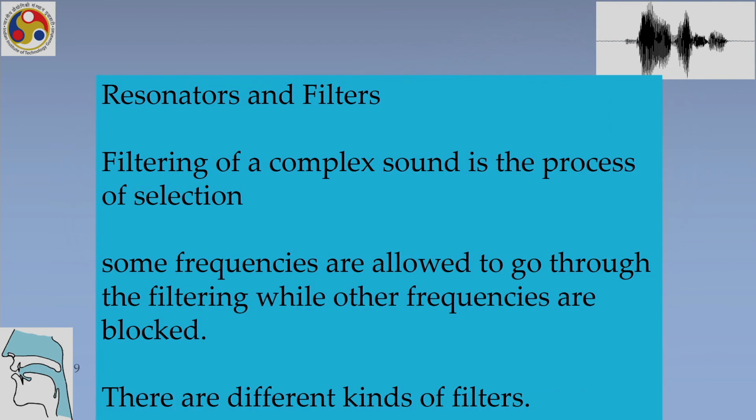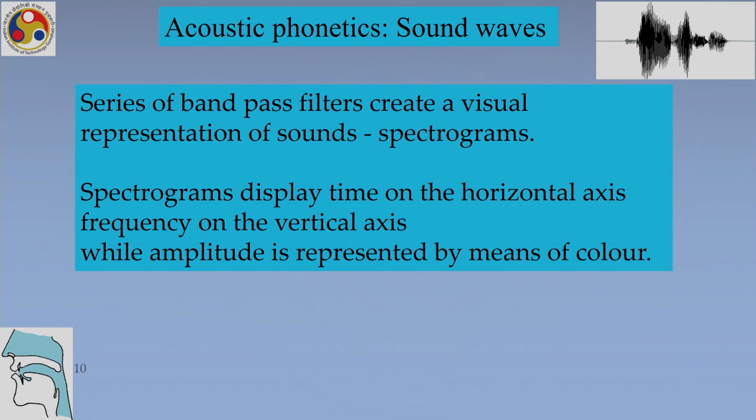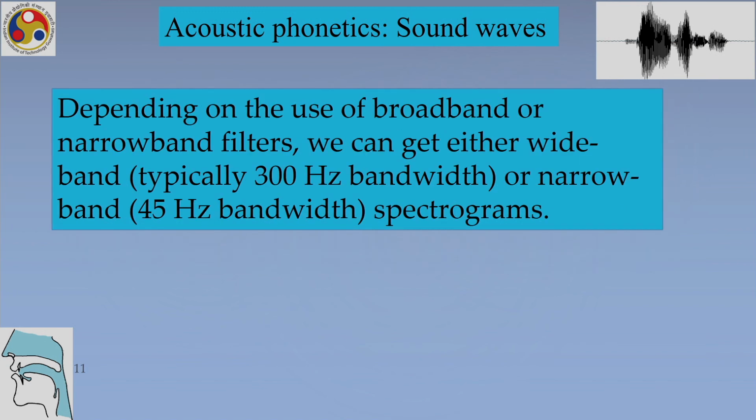Complex sound is a process of selection of some frequencies which are allowed to go through the filtering, while other frequencies are dampened or blocked. We also saw that there are a couple of types of filters: band pass filters, narrow band filters and wide band filters. Depending on whether it's a narrow band or a wide band, certain frequencies are allowed to go through and certain frequencies are not allowed to.